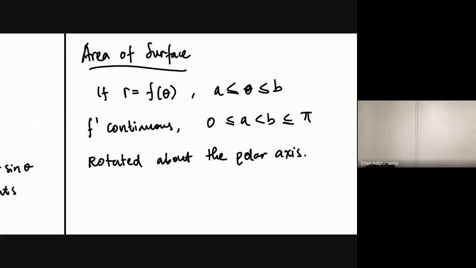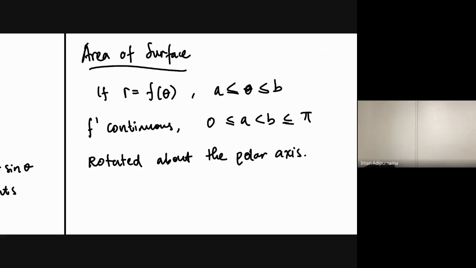So the same thing happens here. From 0 to pi, it's just a straight line, and when you rotate, it will not be a problem. So that's why you need to have these restrictions here.